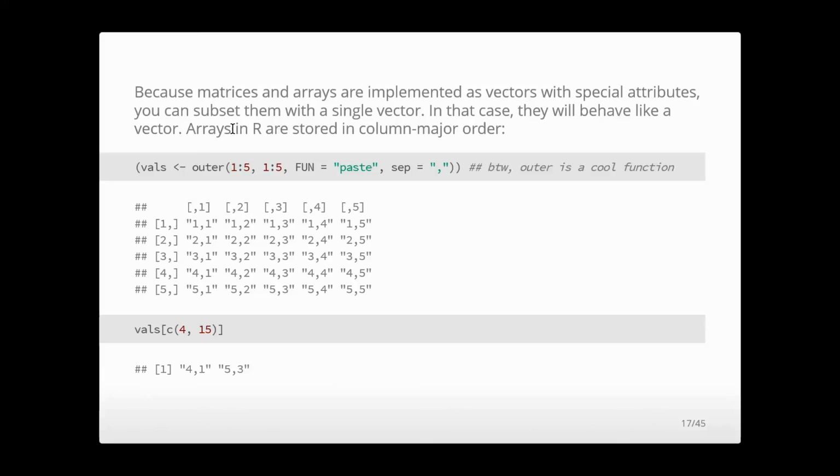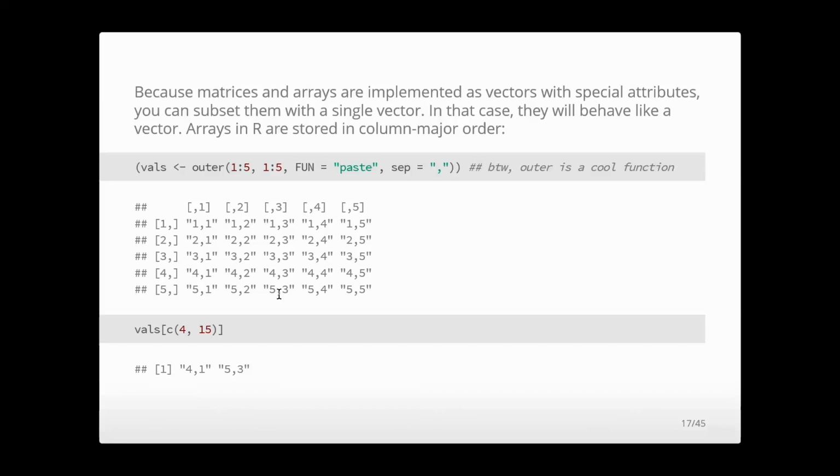So again, you can think of a matrix as a vector with dimension attributes. And so you can subset a matrix using just a vector. Here I'm creating this grid of just coordinates, right? If we want this element and this element, I can just say give me back the fourth element and the 15th element.